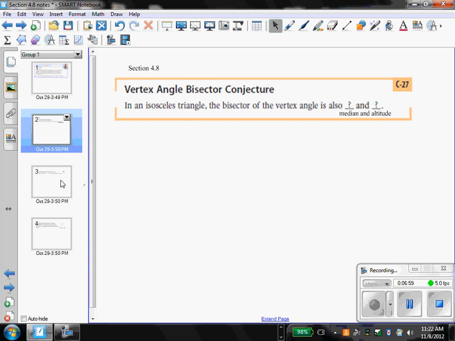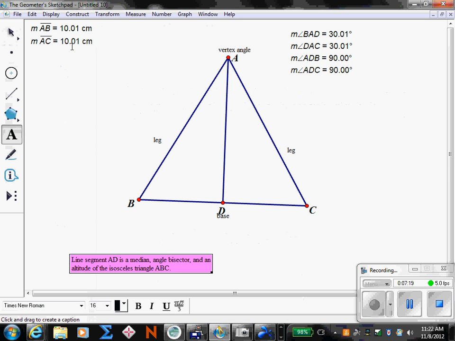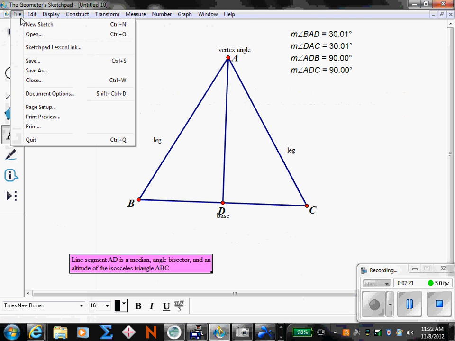Okay, so for the next conjecture, we're going to talk about an equilateral triangle. For every equilateral triangle, it is blank, and conversely, every equiangular triangle is blank. So I'm going to go back into Sketchpad and we're going to make an equilateral triangle.